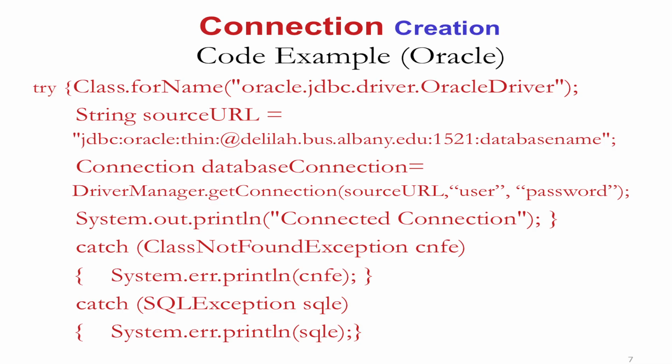Try Class.forName oracle.jdbc.driver.OracleDriver. Oracle is a package, jdbc is also a package, driver is a package, and inside these three packages we have the class named OracleDriver. This is the connection string, and we have not mentioned the username and password here.